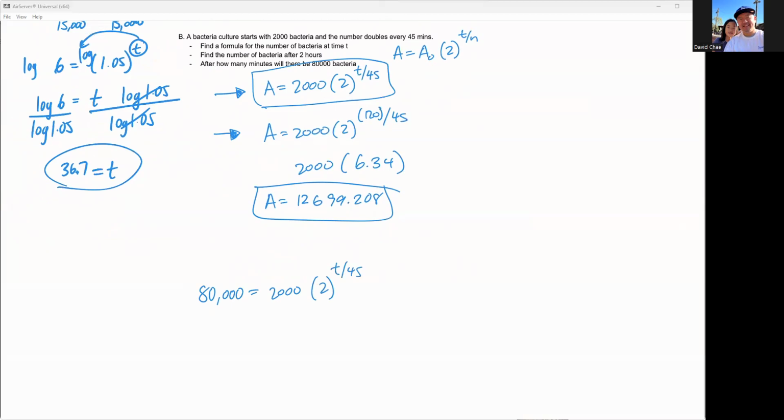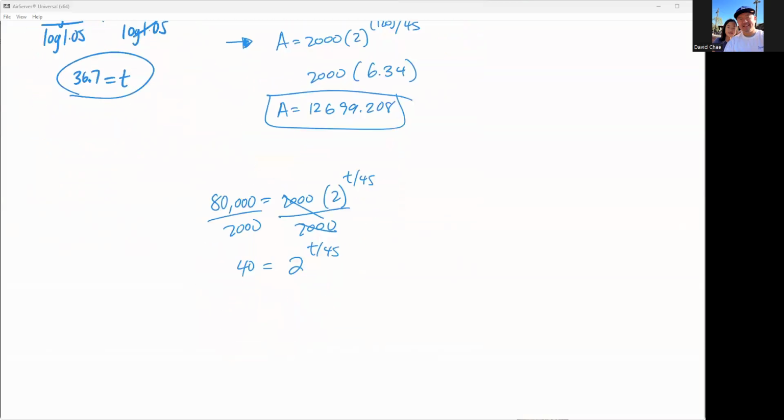You divide both sides by 2,000. So it's 40 equals 2 to the t over 45 power. Then log both sides. You get log 40 equals t over 45 log 2.